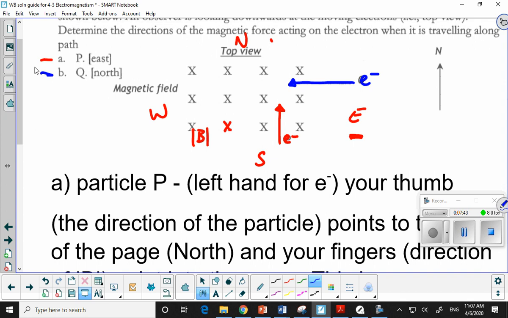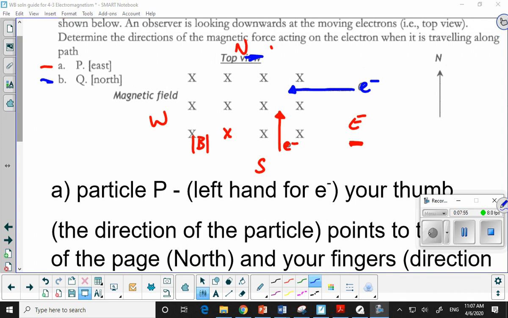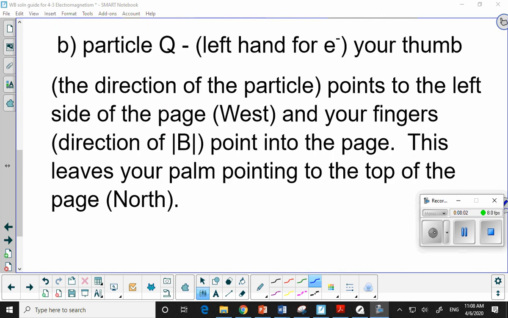So with your thumb pointing towards the west, your fingers going into the page, that leaves your palm going upwards towards the north. Just take a couple of seconds, hit pause, view that. And then you can hit pause again and copy this out for particle Q.